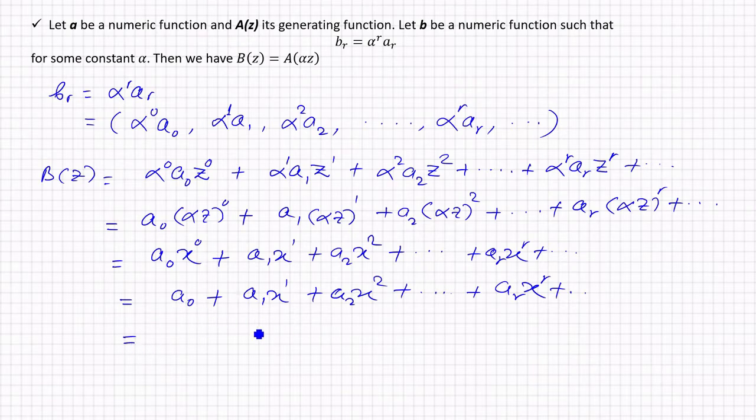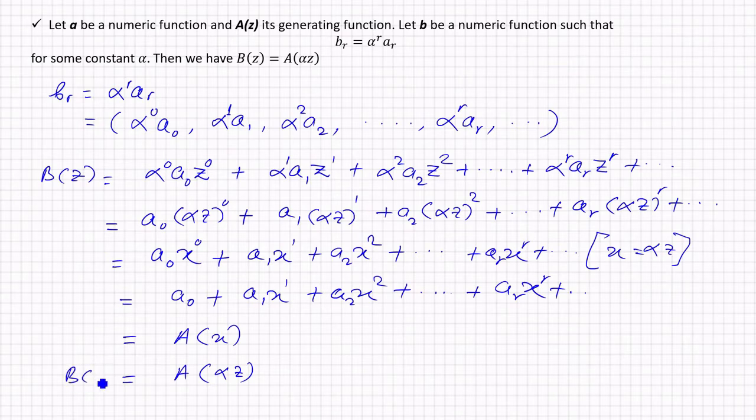So it can be written in the form of A(x), because here we have taken the variable x. So here you can write in the bracket, x is equal to alpha z. Now again put back the value of x here, so we have A(alpha z). So this we got it. So B(z) is equal to A(alpha z). In this way you can derive this particular formula from this relation.